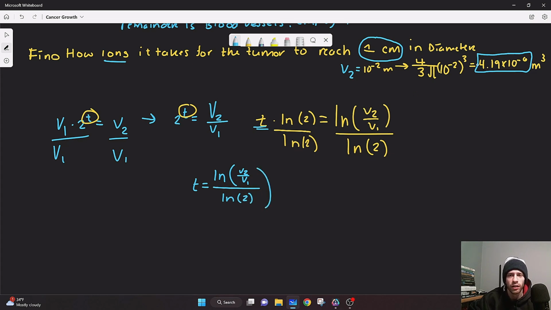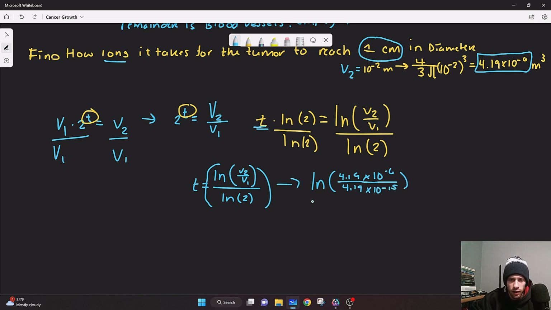And so we plug in our amounts, and we get the natural log of V2, which is 4.19 times 10 to the negative 6, and we divide that by V1, which is 4.1 times 10 to the negative 15.